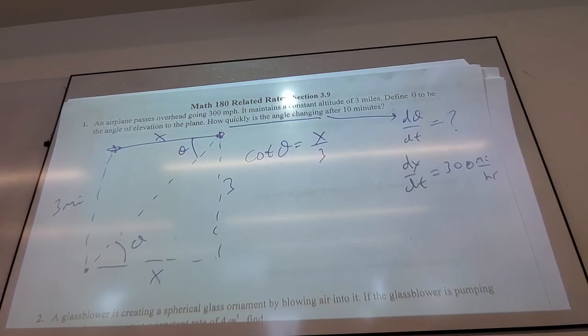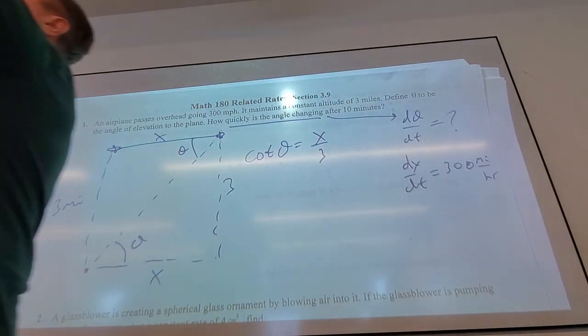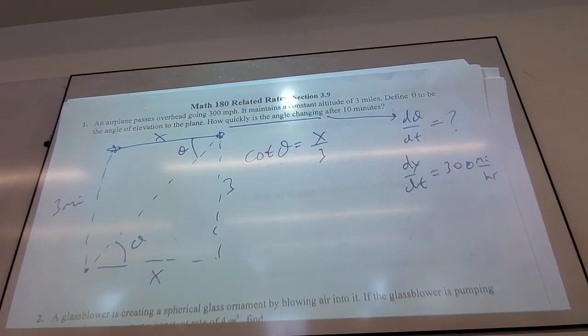That's a good goal. All right, you identify what's changing, you give that a variable. You find a relationship between the variables. I want this to make nothing but sense. Because then they're going to give me information about the rates of change, so then I just take a derivative and I have a relationship between the rates of change. And then I can just shove in what they tell me and crank out what they ask me, yes?